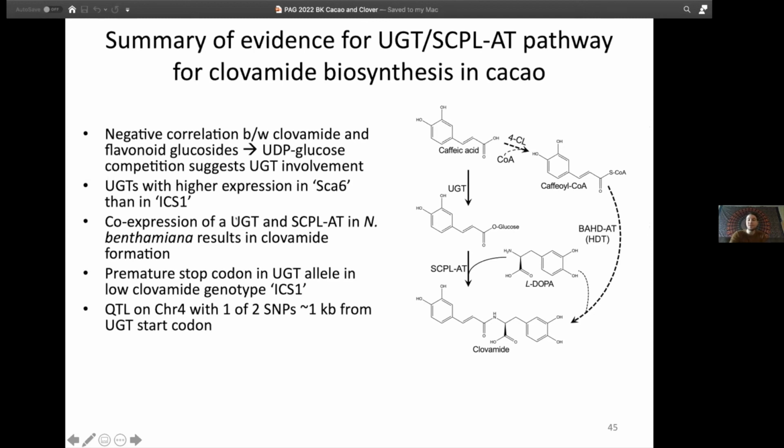Co-expression of a UGT and an SCPL in Nicotiana benthamiana resulted in clovamide formation. We had a premature stop codon in the UGT allele for one of the steps, so ICS1 had a truncated predicted protein. And there's also a QTL on chromosome 4, which supported the UGT candidate that we identified using transcriptomics.